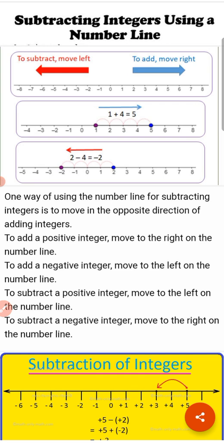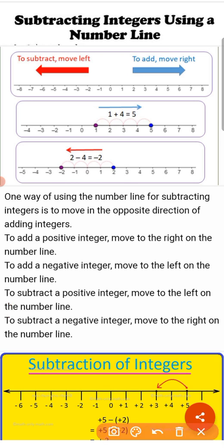On a number line, 0 is in the middle, with positive integers on the right side of 0 and negative integers on the left side. Today we are going to learn how to subtract integers on a number line. Before that, I will show you one example for addition.